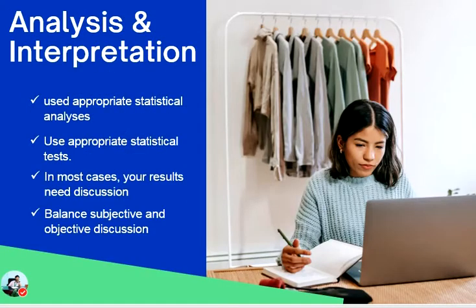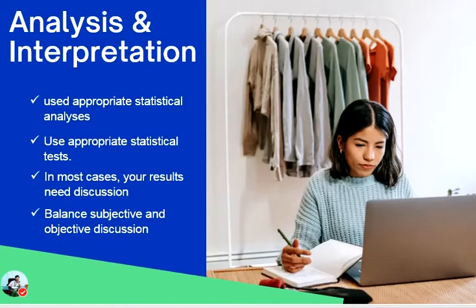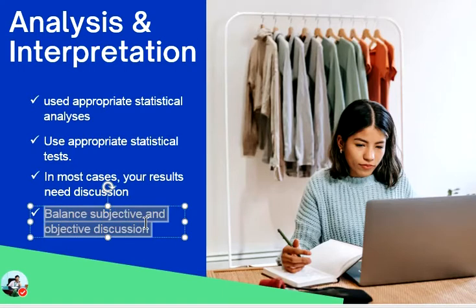There's a reminder here. Your analysis and interpretation of data must be balanced subjectively and objectively. Okay, your discussion in the table or your interpretation of the table or the data must have a balance subjectively and objectively.